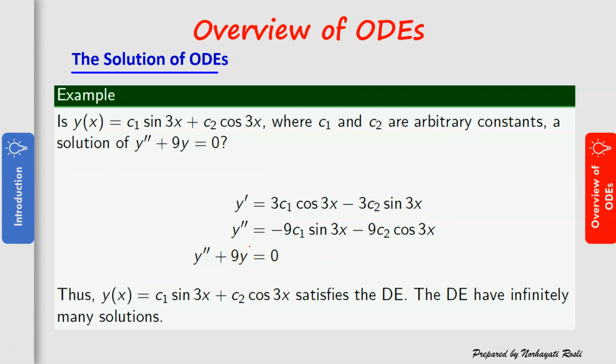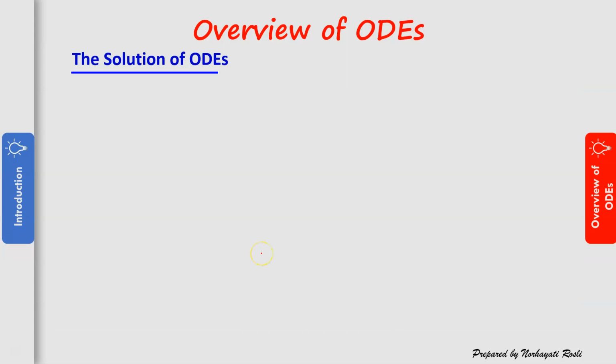Now class, to make sure you understand, let's do it one by one. We have here y double prime plus 9y equal to 0, and we want to check whether y equal to c1 sin 3x plus c2 cos 3x is a solution to this differential equation.